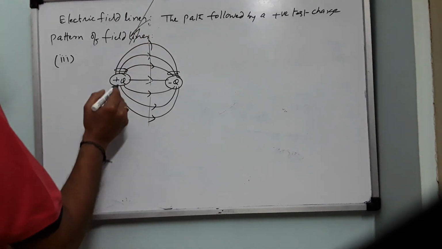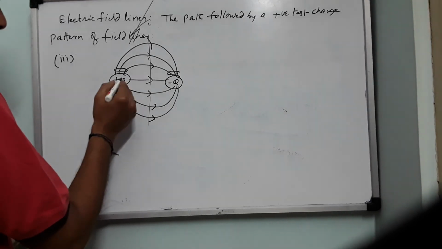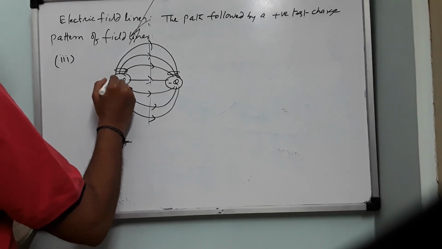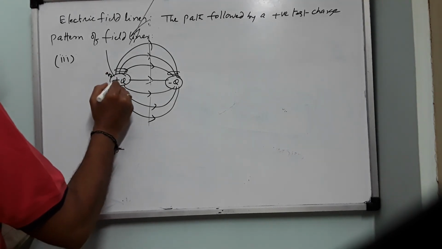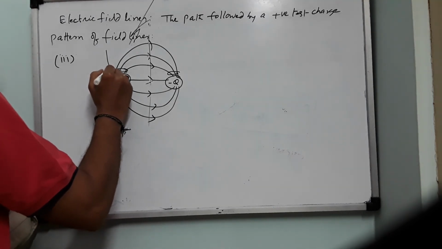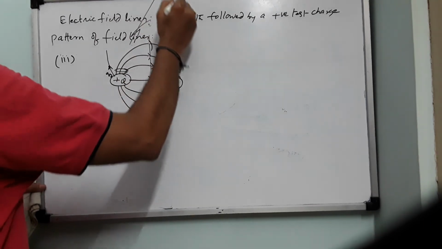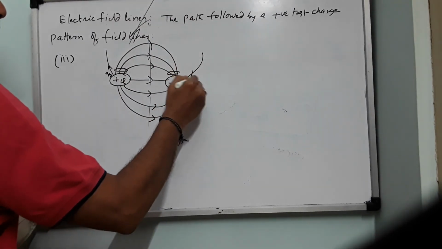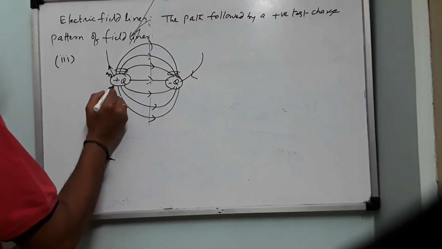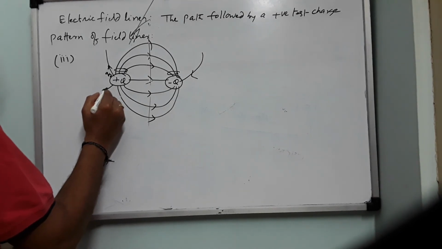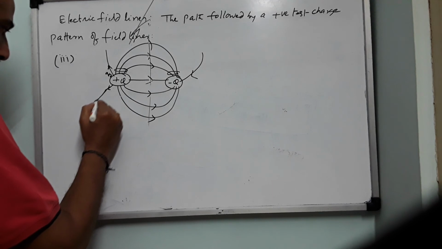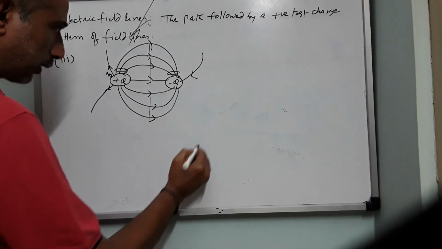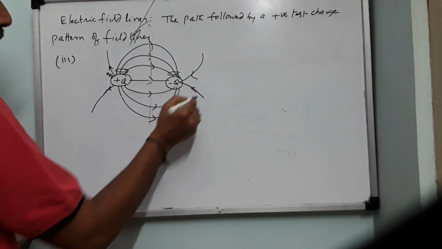Right? Now, so another line also you can draw. If I place Q0 here, what will happen? It will be repelled by this, like this. It will go like this, it will go like this, and it will come like this. If I place same Q0 over here, what will happen? It will be repelled like this, but it will be attracted. So it will go like this, and it will come over here.